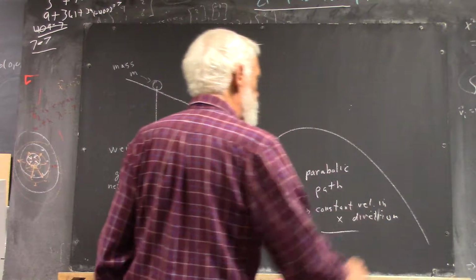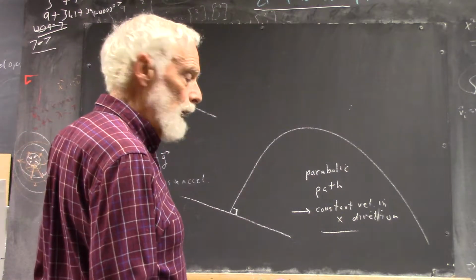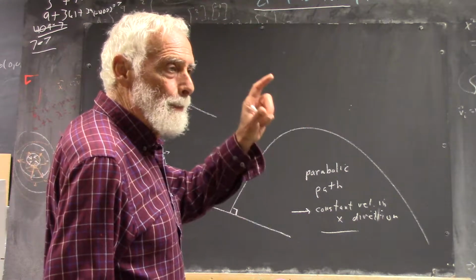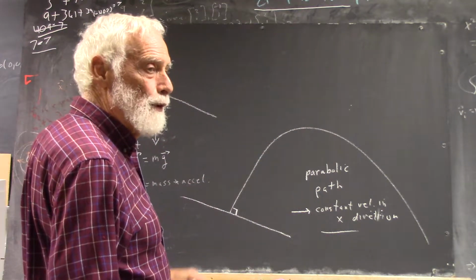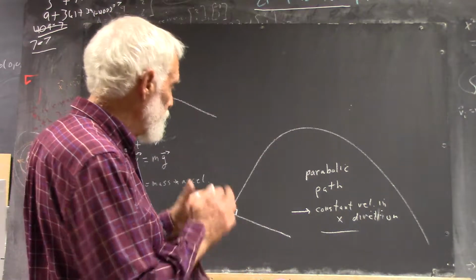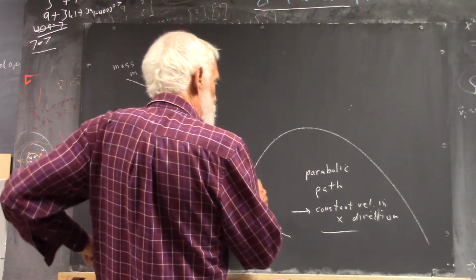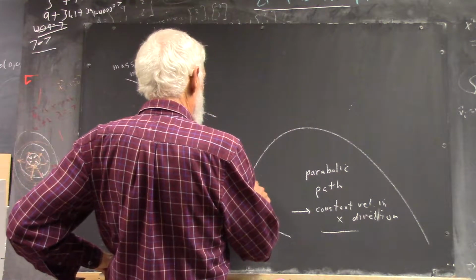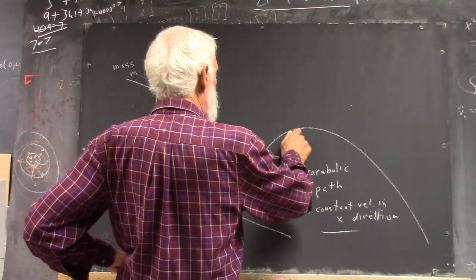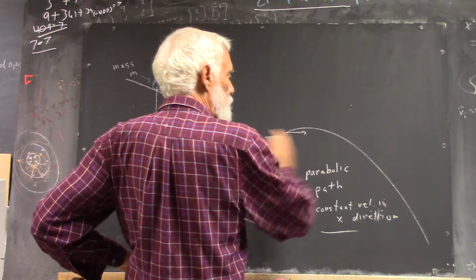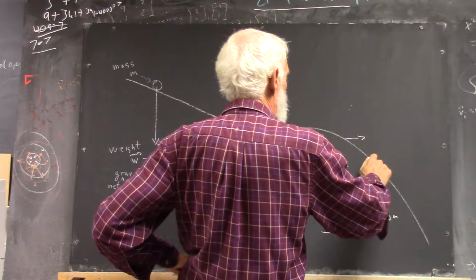You have a constant velocity in the x direction. And if you track this, stopping the video every click, and do that a few times, you'll hit it at different points and you'll get a pretty good picture of where it is, and maybe a convincing picture that the velocity in the horizontal direction, it moves across the board at the same speed at every point.